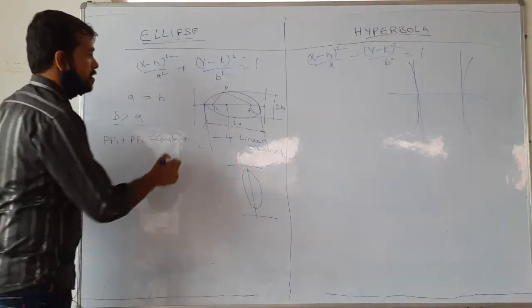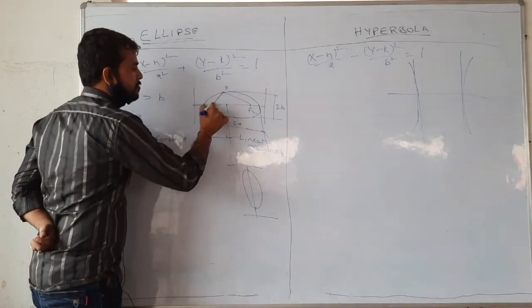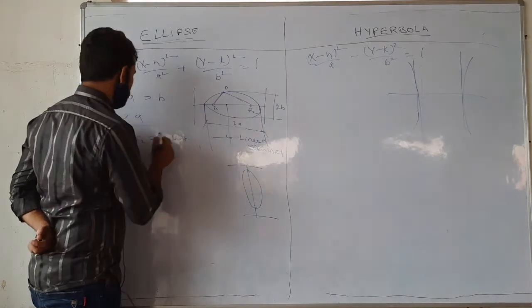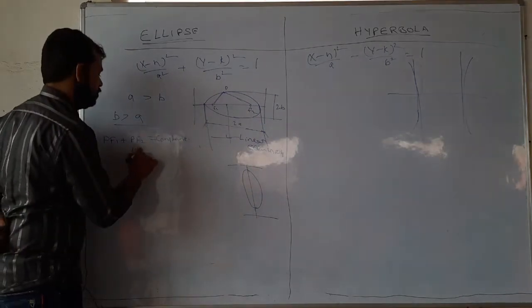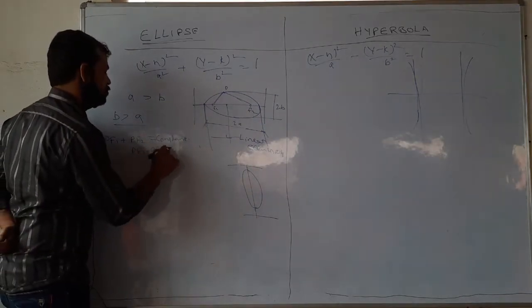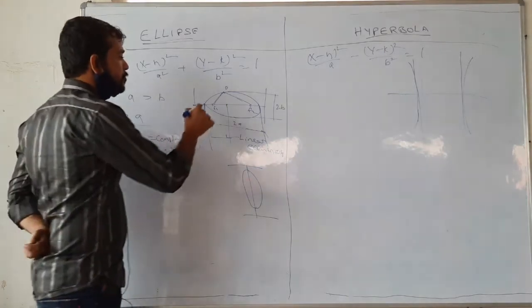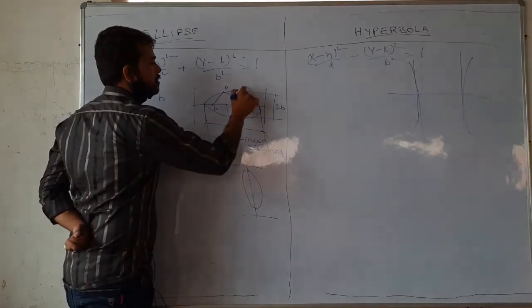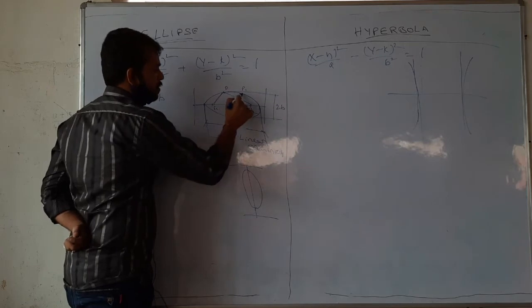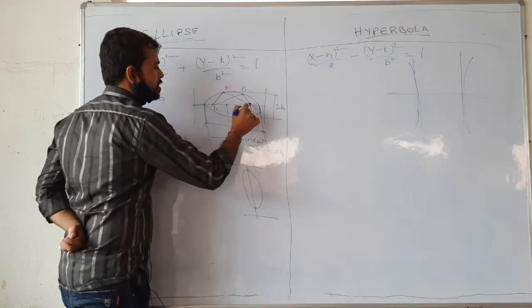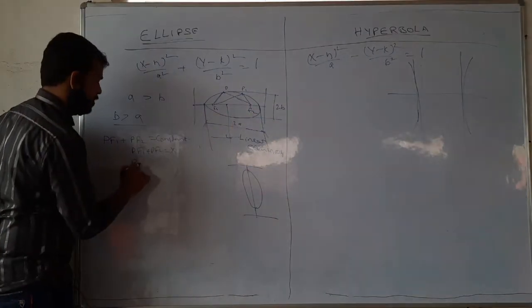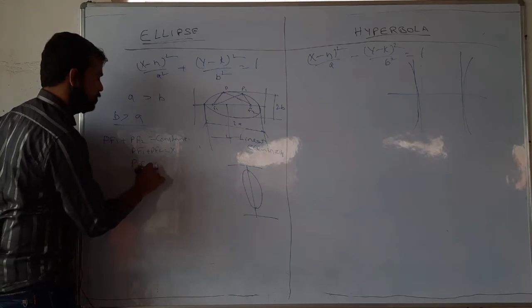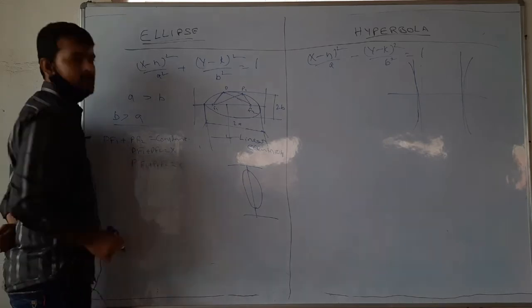That means if PF1 plus PF2 is equal to some x, even if you consider a point P1, then P1F1 plus P1F2 will also be x.